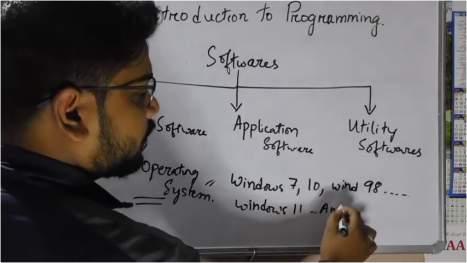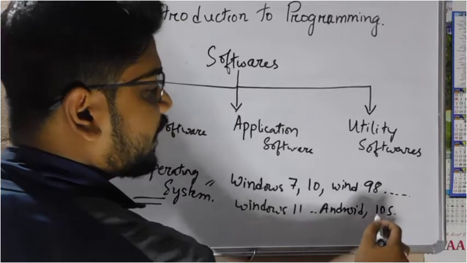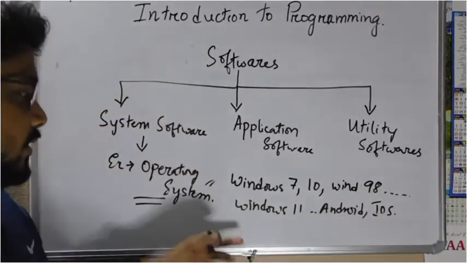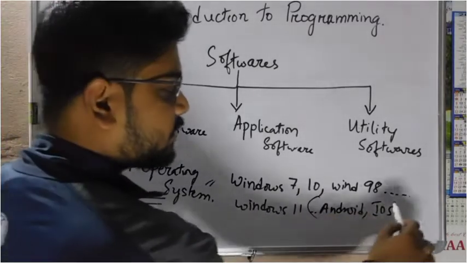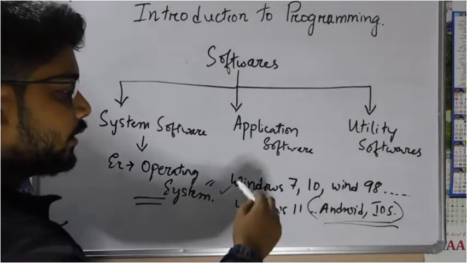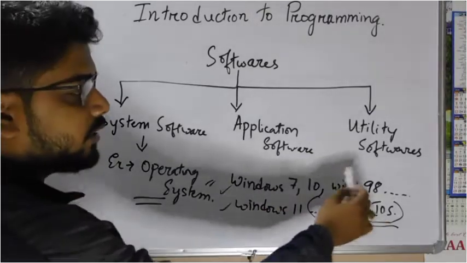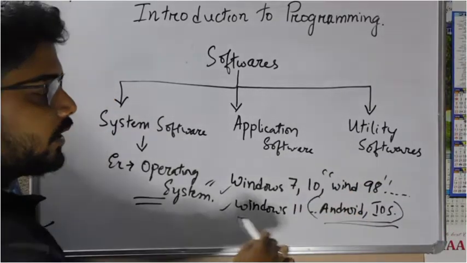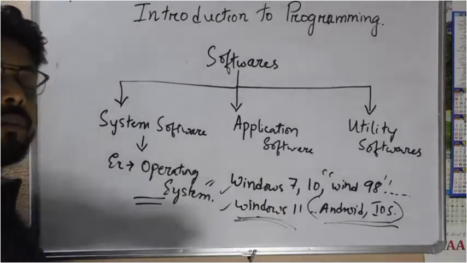Then you have Android, then iOS, that is the Apple. These Android and iOS you find in your mobiles. Windows 98 was the earlier version actually, and now the latest version has come up to Windows 11. These all are examples of operating systems.